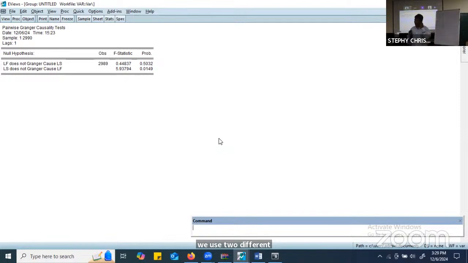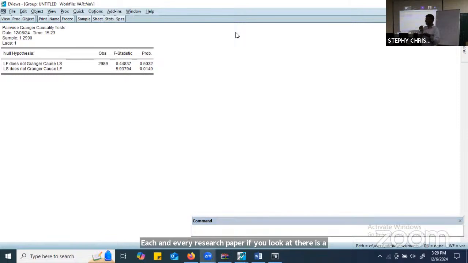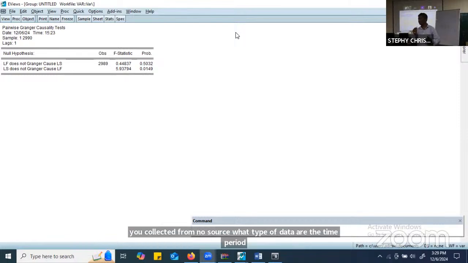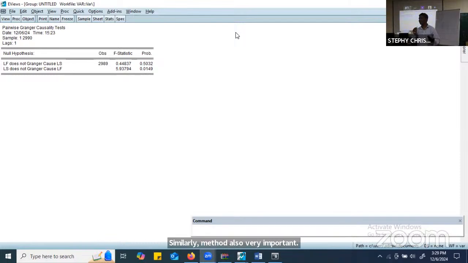Equations, correct, yes, definitely. In each and every research paper, there is a methodology, sometimes called data and methodology. Where the data was collected, which source, what type of data, and time period. Similarly, the method is also very important. I can't simply say the study employed VAR, or VECM, or Granger causality.